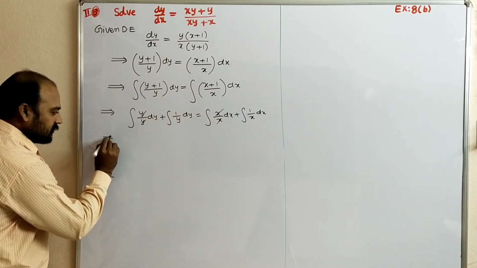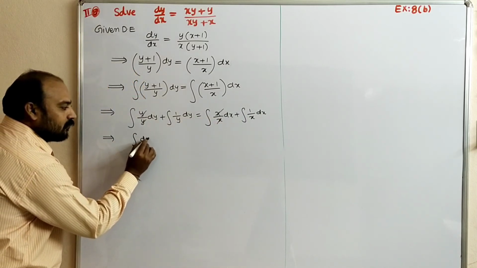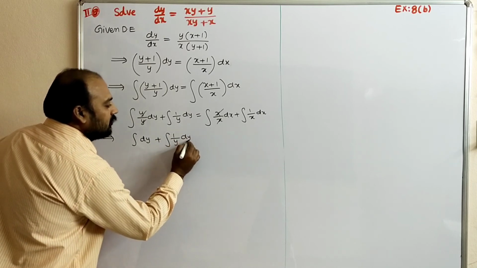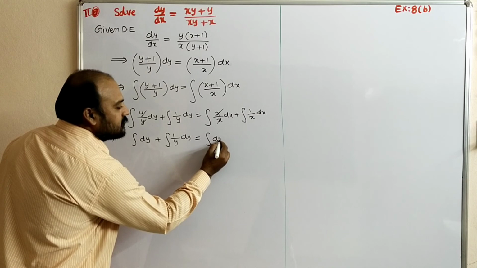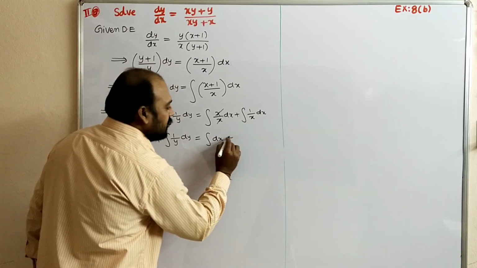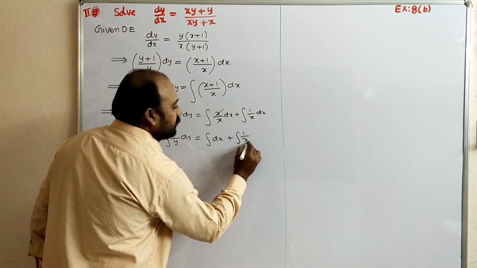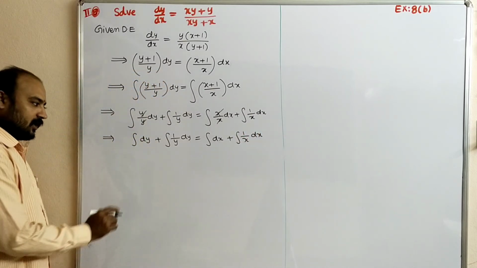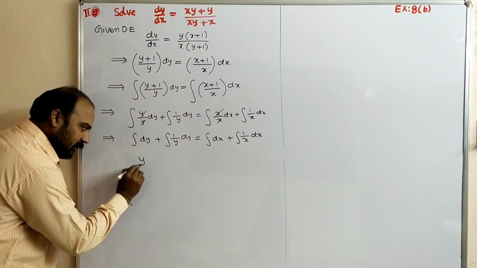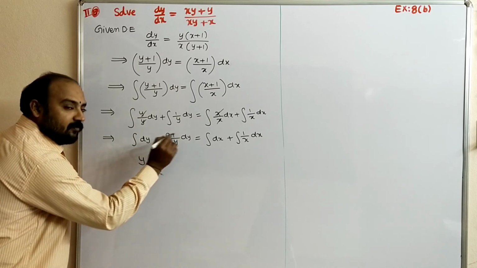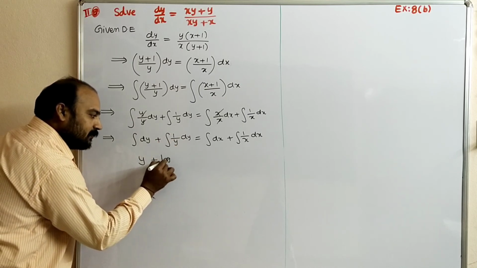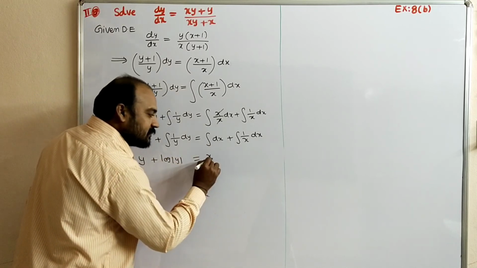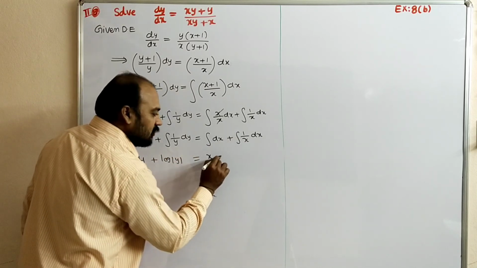That implies the integral dy plus the integral 1 by y into dy equals the integral dx plus the integral 1 by x into dx. After that, the integral of dy is y, plus the integral of 1 by y is log mod y, equal to the integral of dx is x, plus the integral of 1 by x is log mod x.